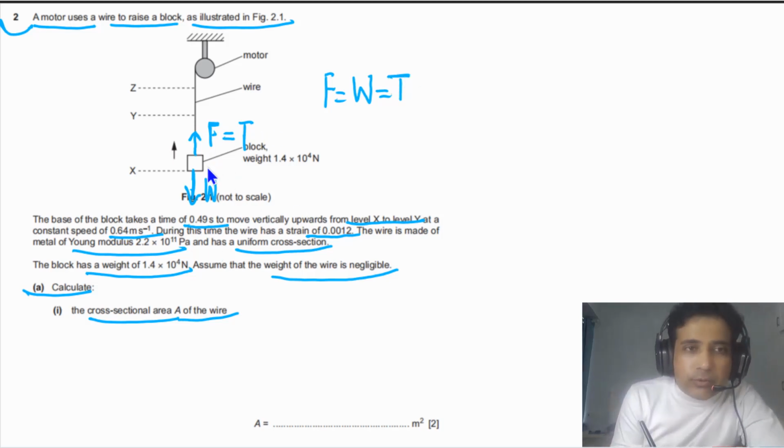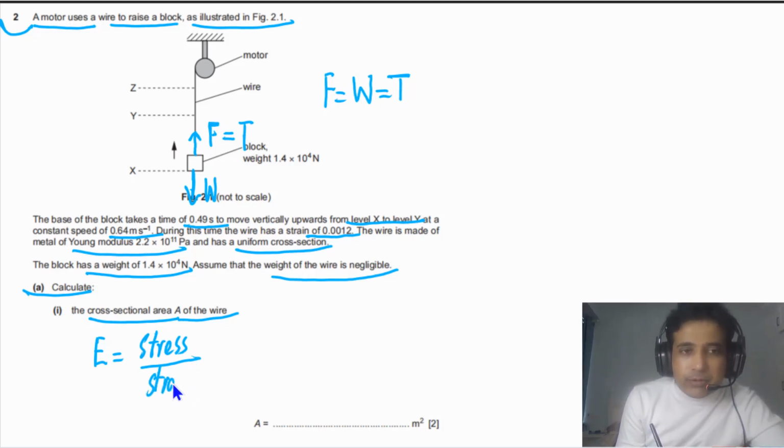We need to calculate cross-sectional area, but in this case we have value of strain, we have value of force, we have Young's modulus. So simply we can use Young's modulus E, which is equal to stress over strain. So this is how you can relate this data. First step you can write down E is equal to stress over strain, and stress is equal to force over cross-sectional area, and the value of strain is directly given to us, so we can use symbol epsilon for strain.